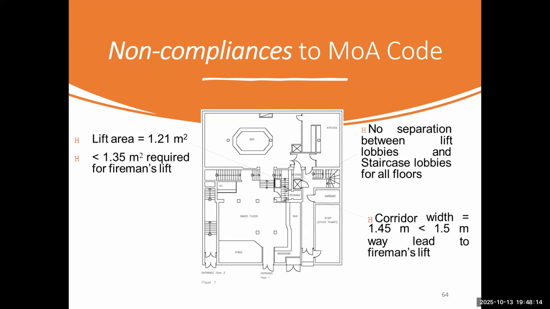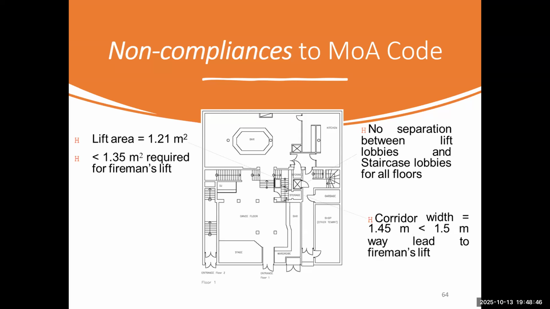It is very small for the fireman to evacuate this number of people. And also, we don't have enough smoke separation between the lift lobby and the staircase lobby. That is the major issue because the smoke could enter the escape stair and reduce our visibility and affect our evacuation.